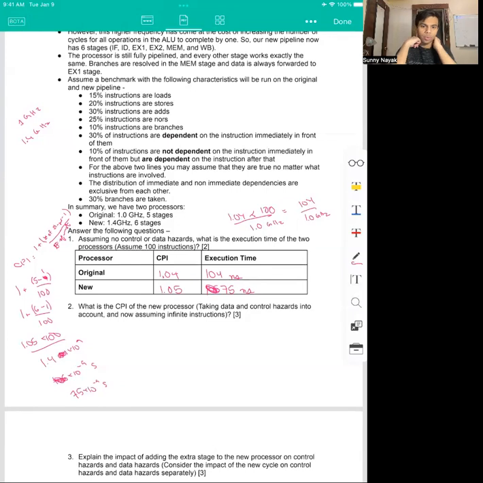Let's start with control hazards. Instead of just taking 3 cycles, because it used to resolve 3 cycles after the ID, our execution is done after 2 cycles of EX, so I'm going to have 4 cycles if I speculate wrong.